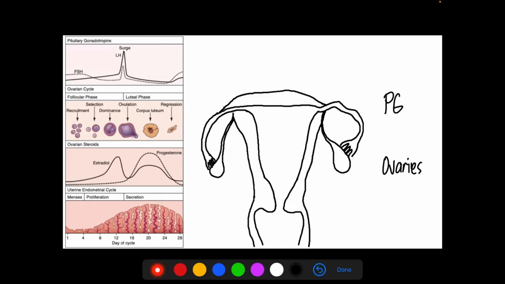And take note also that the pituitary gland itself is under the control of the hypothalamus. And as learned from the previous slide, this one produces the GnRH, this one produces the FSH and also the LH, and also this one produces the estrogen.